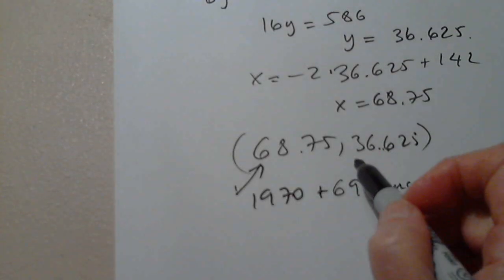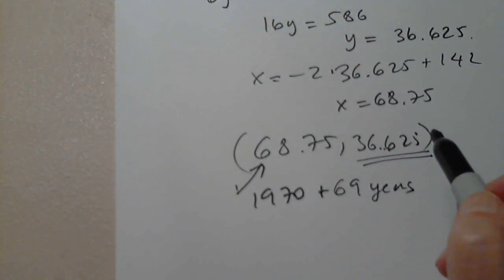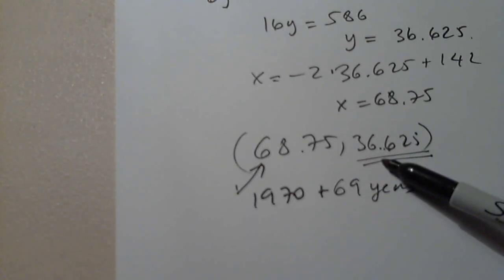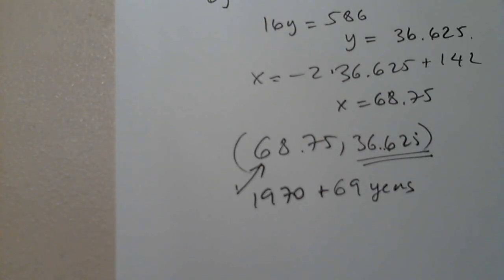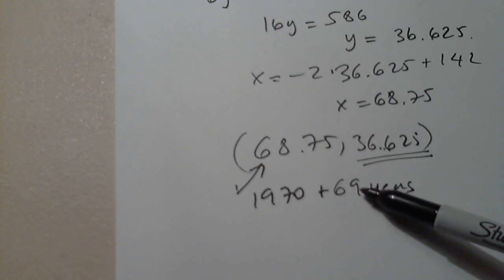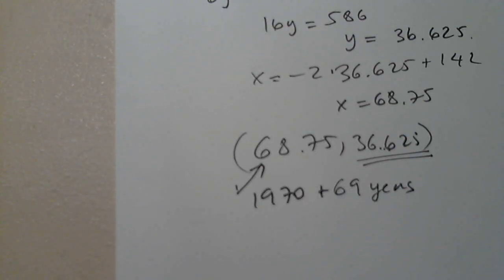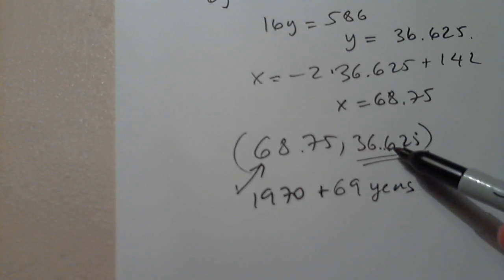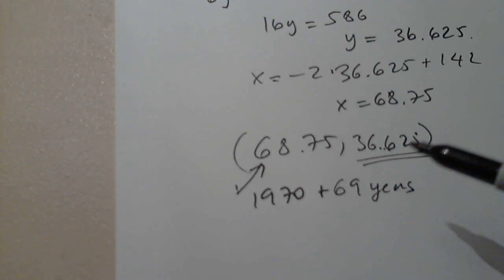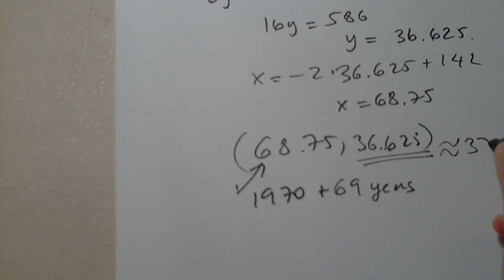That's when it's anticipated, if the model still holds. We don't know that. But 69 years after 1970, the percentage of married and unmarried will be equal at approximately 37%.